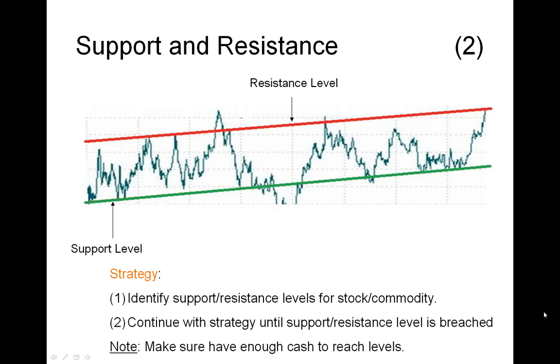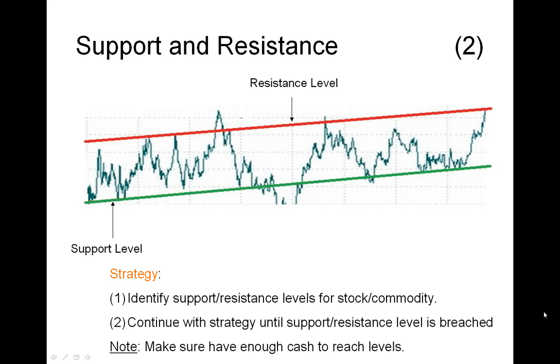So let's say we make a number of losses early on, and we keep thinking the value is going to fall, but the value keeps on rising. However, when the value reaches the resistance level, we say now the value is definitely going to fall. And we turn out to be right, because the fluctuation that has taken the value up so far is now over with, and now the value is going to start to fall. That's how we make money in this case.